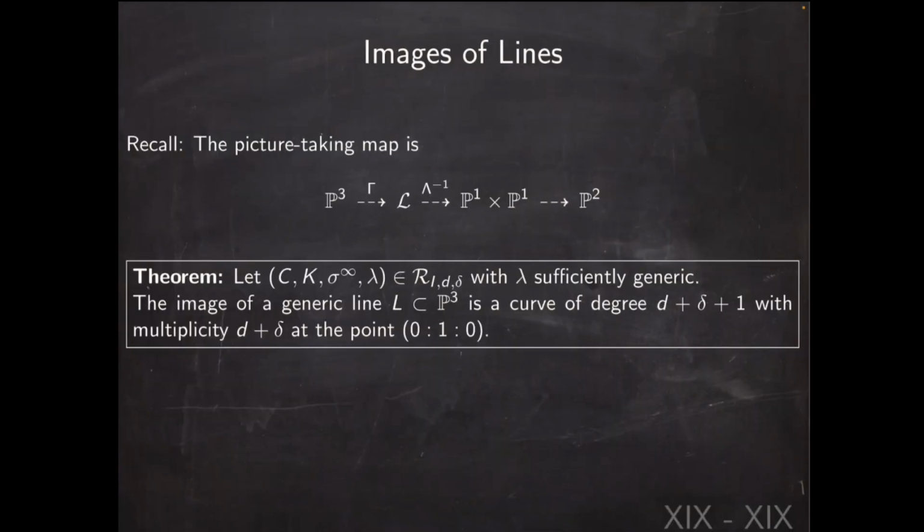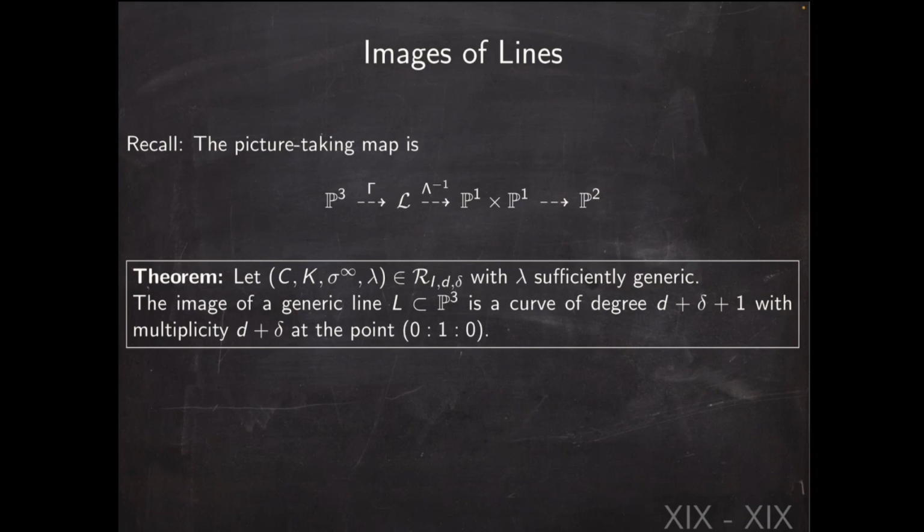So if I have a camera from the previous slide in this parameter space of cameras, then the image of a generic line is a very interesting curve. Namely, it's a curve of degree D plus delta plus 1. D was the degree of the curve where the camera moves. Delta is essentially the curve fixing our rotation. And I have plus 1.